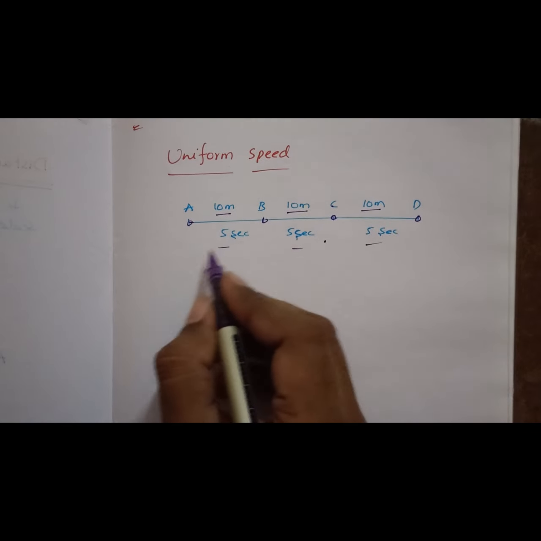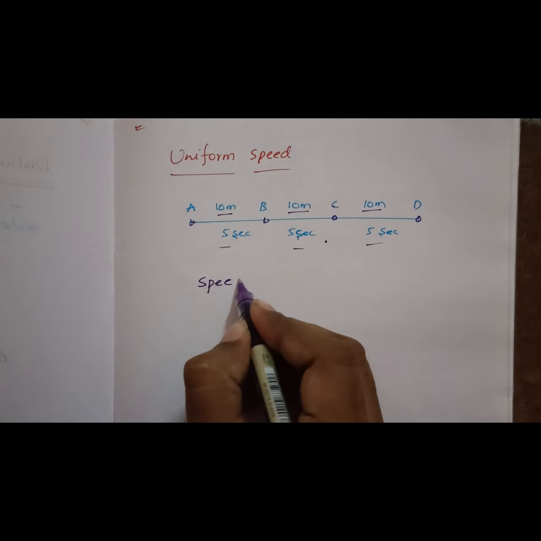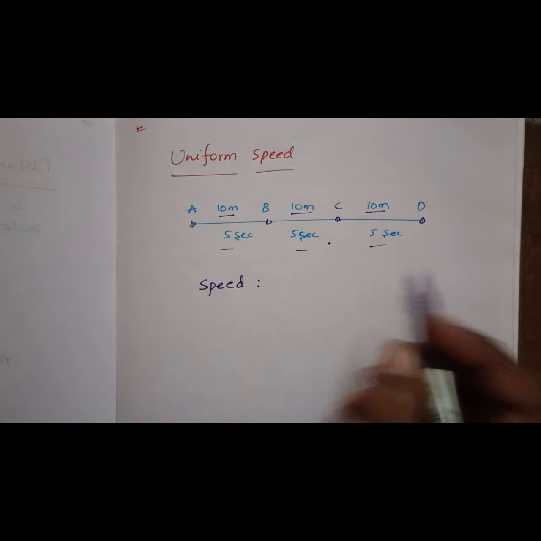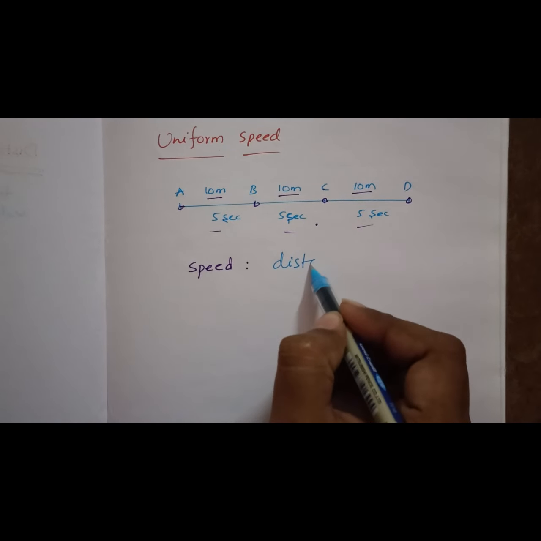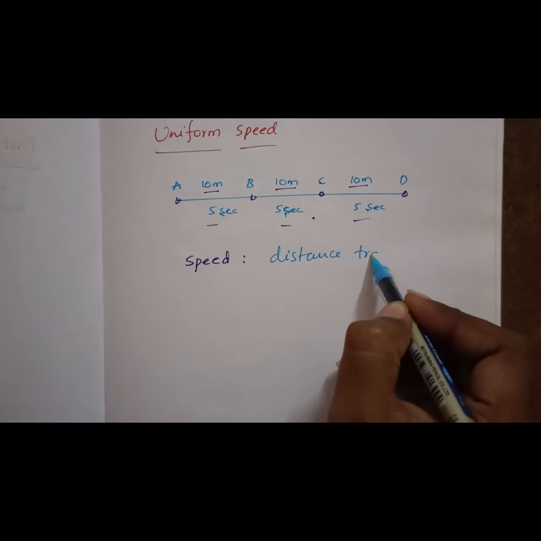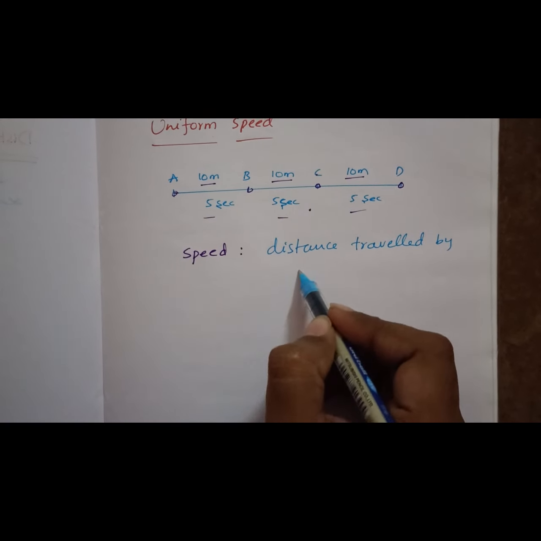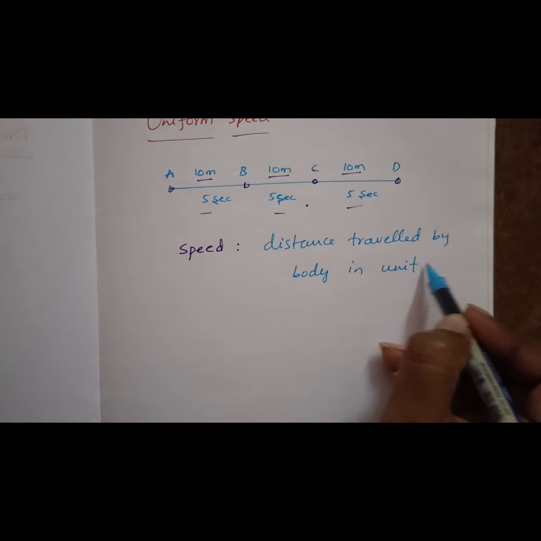Now what is the speed between A to B? Speed is the distance traveled by the body in unit time. Speed means distance traveled by the body in unit time.